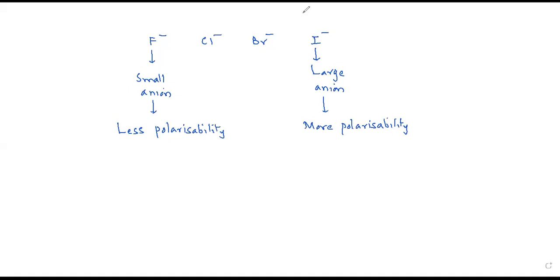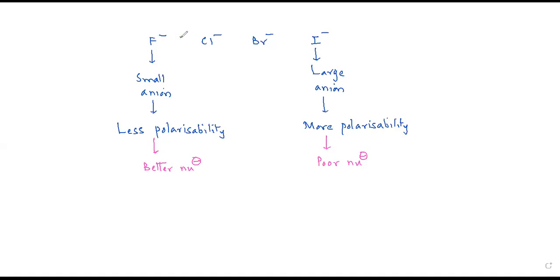Now, these are less polarizable, less disturbing, less distracting. So these have got no problem in approaching the electron deficient carbon. So are better nucleophiles. Whereas this easily gets distorted, disturbed. So is a poor nucleophile.